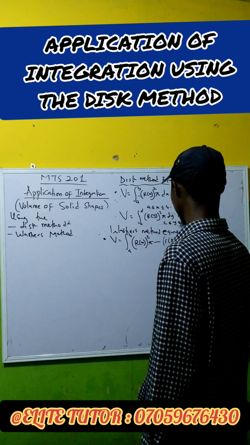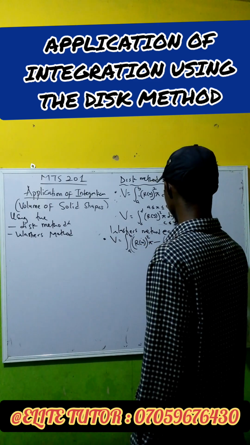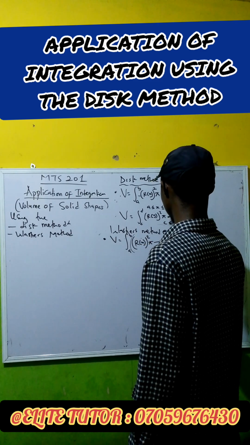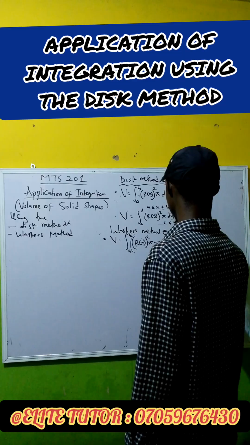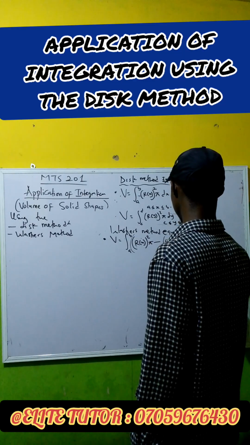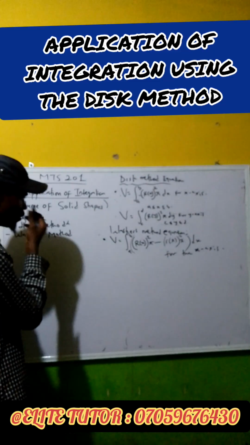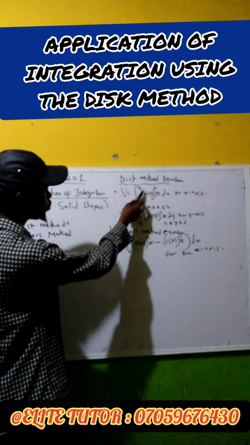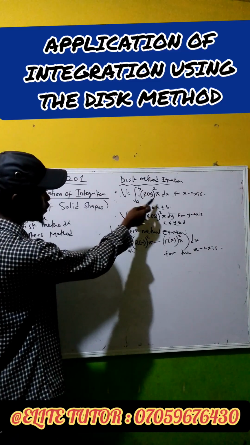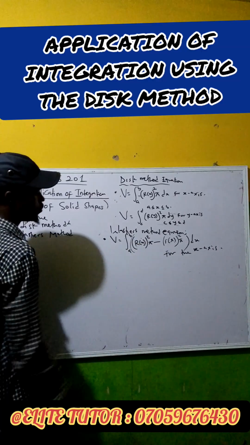Everything having the x. This is for the x-axis washer method. You know the small r is going to be small r of x. That's just the difference.